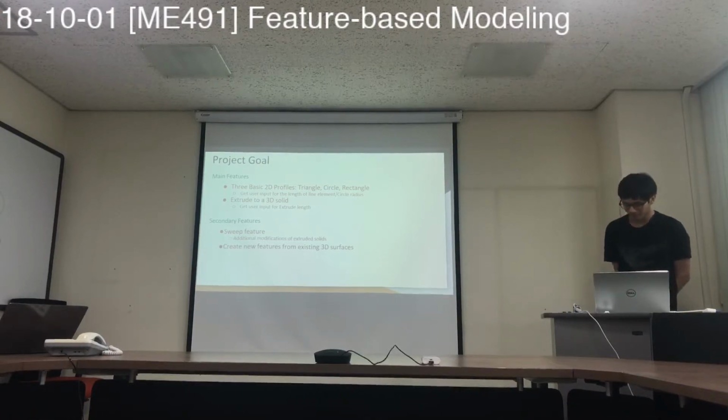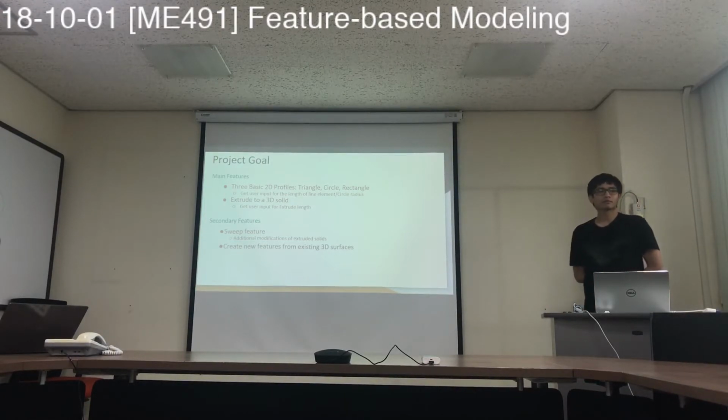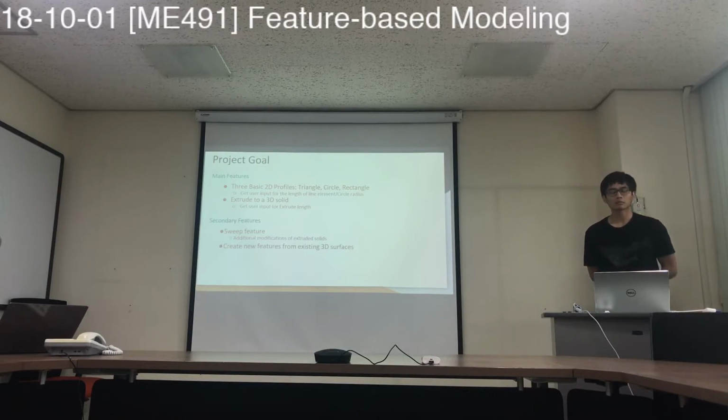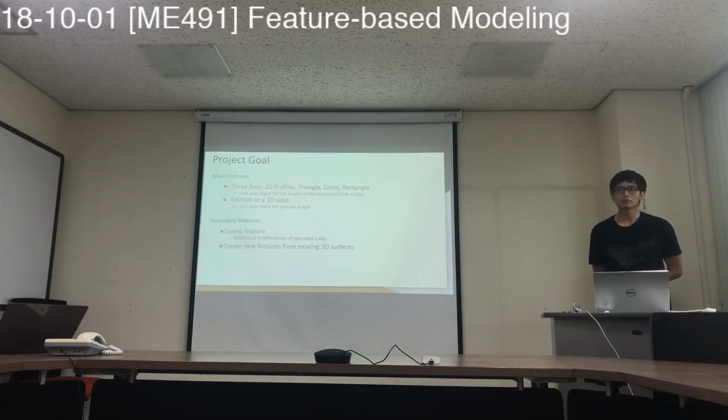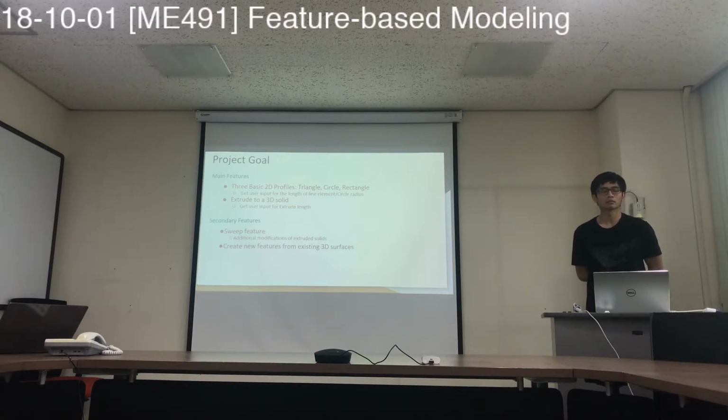I think when you make the 2D profile, the triangle, circle, and rectangle, firstly you tap the start point and then draw the end point. And then some users want to specify the exact length. Like I just draw the first point and draw the end point, but it's different.